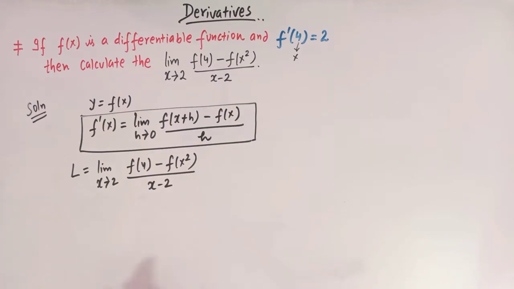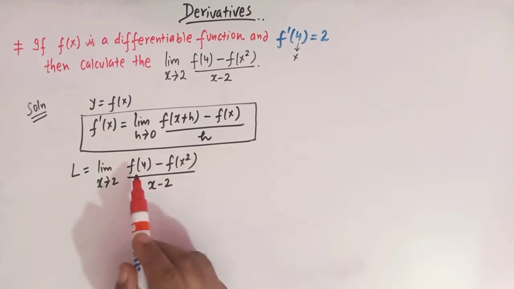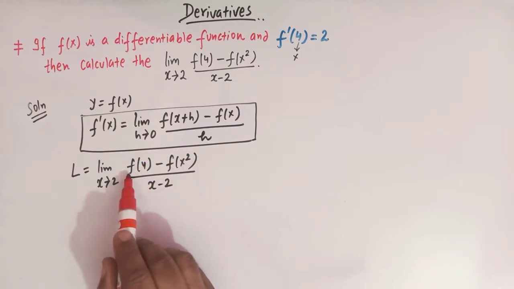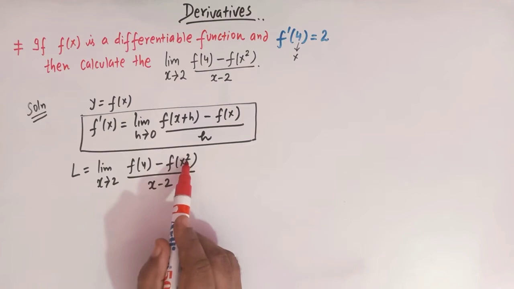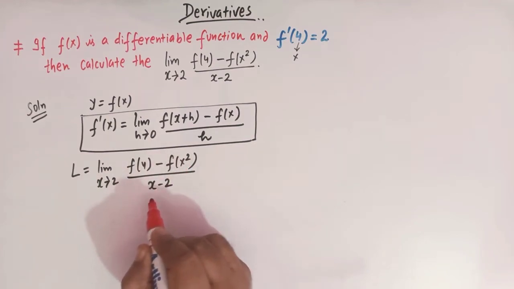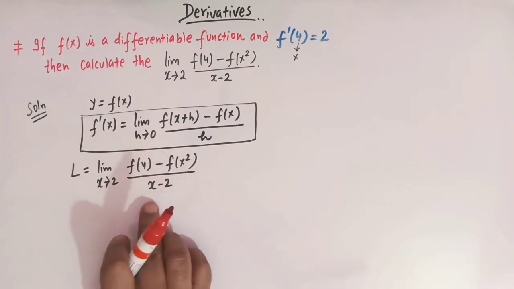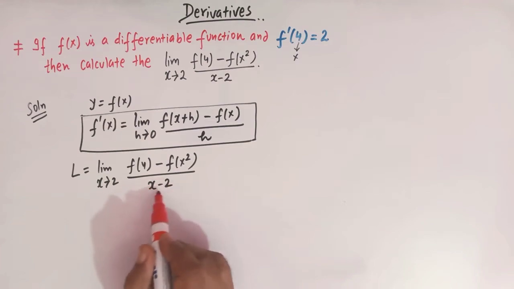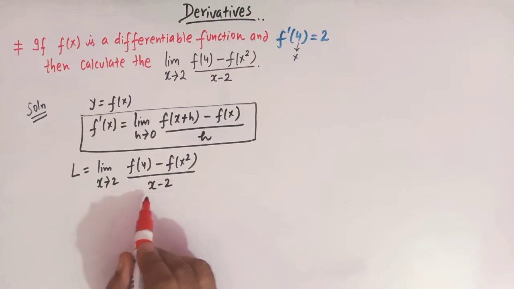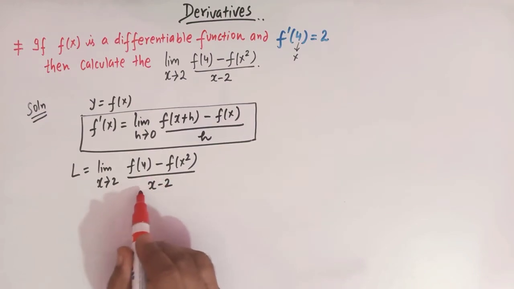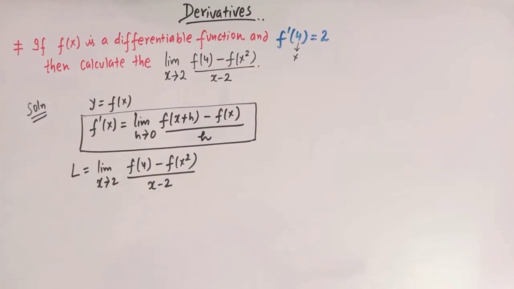Let us observe this expression. Here we have f of 4 and here we have f of x square. So we'll try to insert a term in the denominator in quadratic form, a term containing x square.